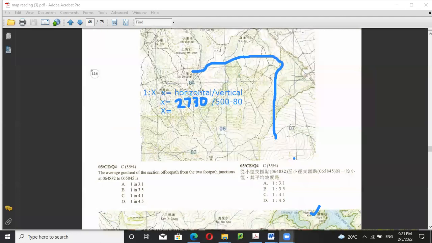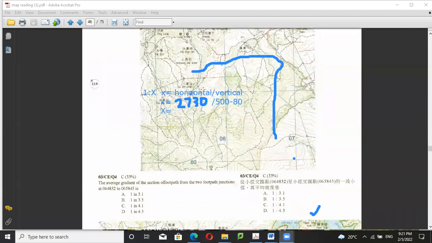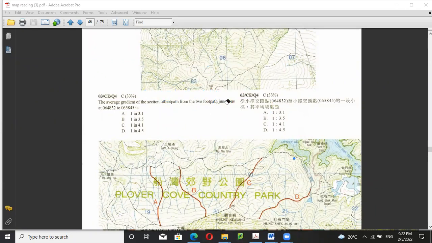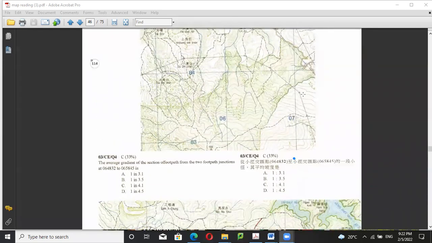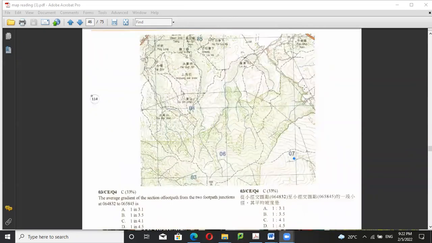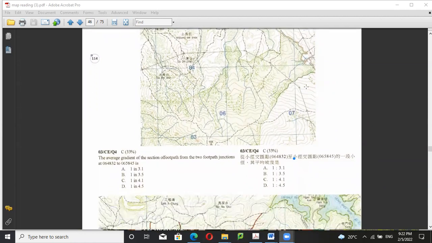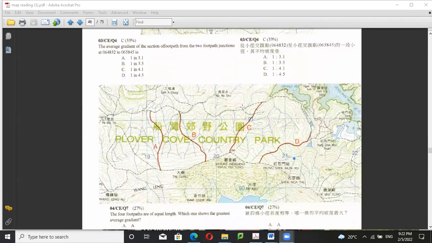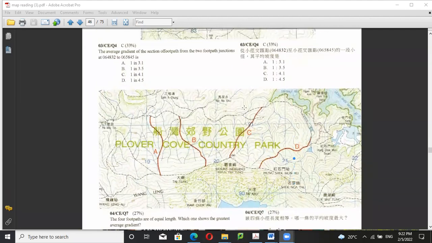Then next one, 13. Yeah, 13. So right here again, which is C. Because it keeps ranging around the same thing, I'm not really going to go through this one.